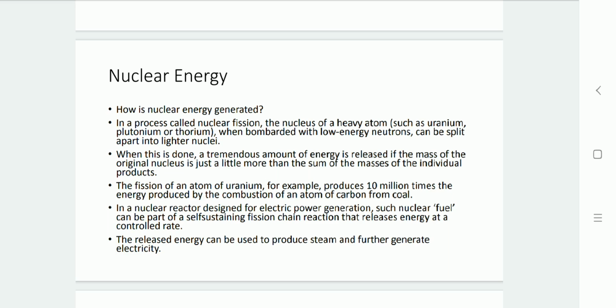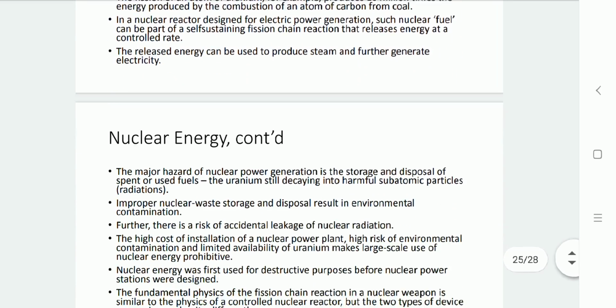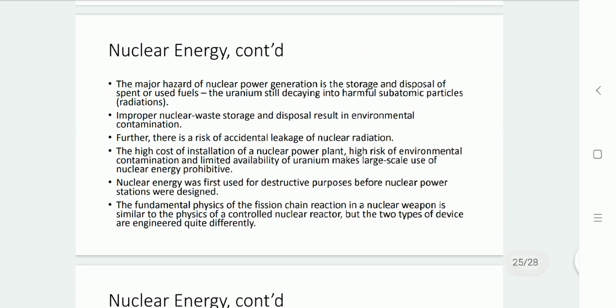So the released energy can be used to produce steam and then generate electricity. But here the major problem with nuclear power generation is how to store that nuclear energy, and how to dispose of whatever waste is generated from it.